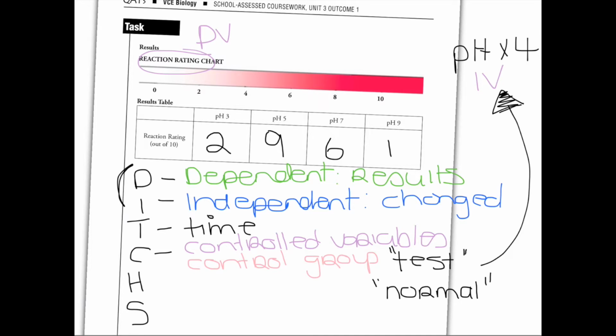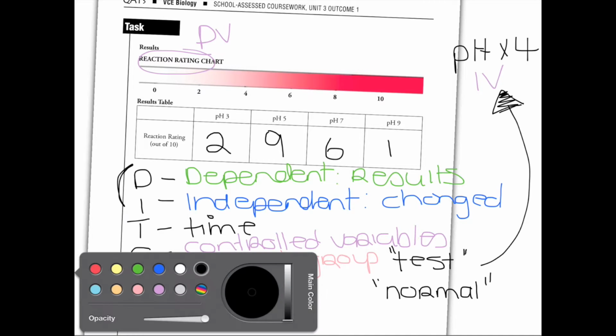A controlled variable is in everything that we do, the things we keep the same in order for it to be a fair test. A control group is a type of test within an experiment that still has all the same controlled variables that we see in all the other experimental tests. However, it doesn't have an independent variable. So in this case, we wouldn't be exposing the enzyme to a pH that it's not normally subject to.